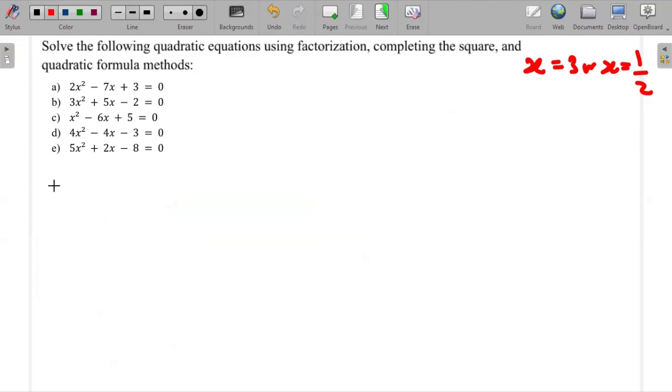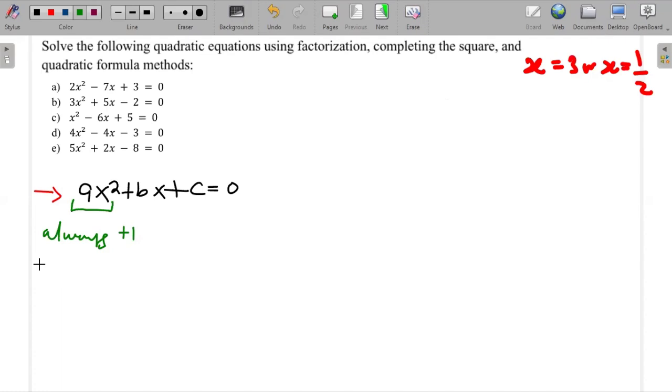When you're completing the square, first, let me write the general form of a quadratic equation: ax squared plus bx plus c equals 0. When completing the square, the coefficient of x squared always has to be a positive 1.